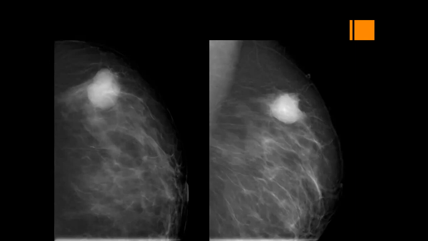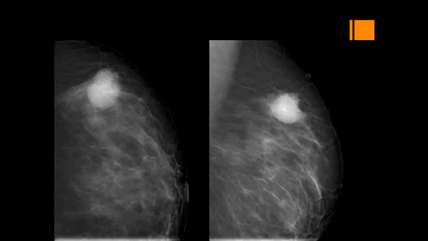But is it non-palpable? I have to ask about this. What do you expect? It could be palpable. This is a large mass. It is expected to be palpable. It's placed anterior, at the fat glandular interface, at the anterior contour. So an anteriorly placed, sizable mass like this is expected to be palpable.